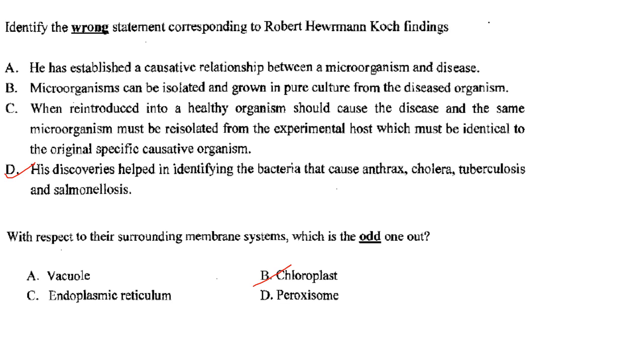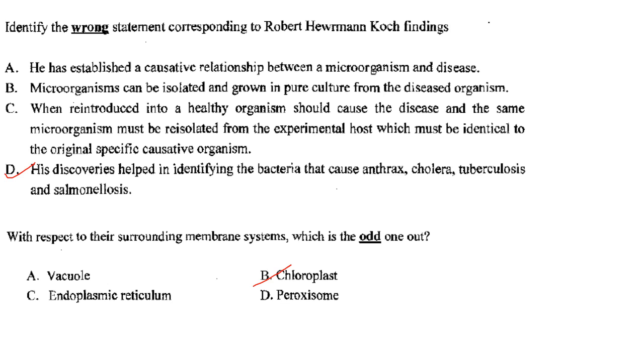So A, B, C are correct. Then his discoveries helped in identifying the bacteria that cause anthrax, cholera, tuberculosis and salmonellosis. So he was a German bacteriologist who discovered the bacteria that cause anthrax, tuberculosis and cholera. So the answer here is option D, that is incorrect.